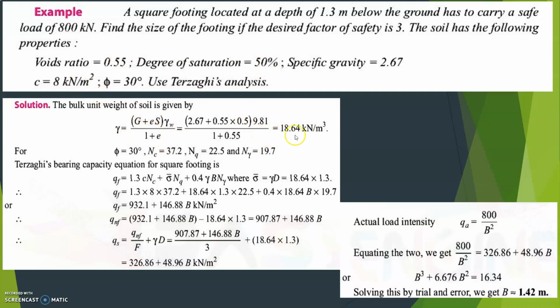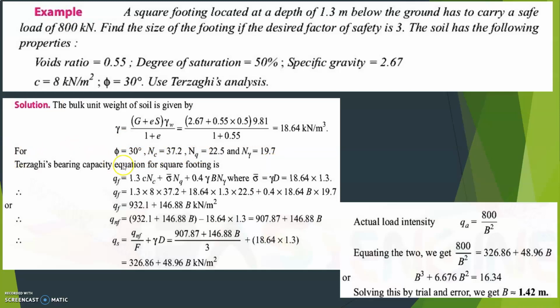So we will get 18.64 kilonewton per meter cube. So now you know what is gamma value. You have phi value. So based on the phi value, using the table, you can get the values for Nc, Nq, and N gamma.